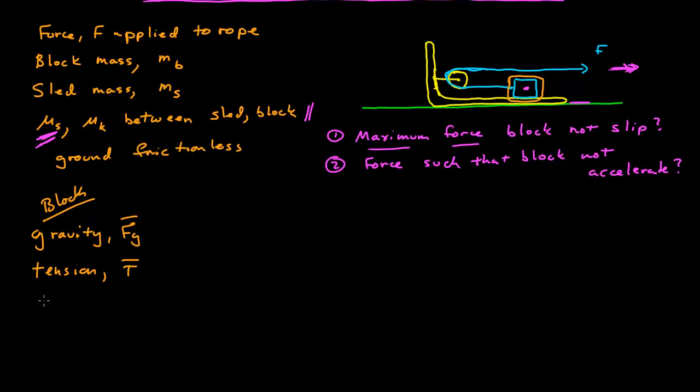So I think I want to break this contact force into a normal force, which I'll call N, and then a friction force, which I'll call F sub F. Okay, so these are the forces on the object. The only thing in contact with it are the sled and the string or the rope, and then there's gravity. So that's all there is to it.